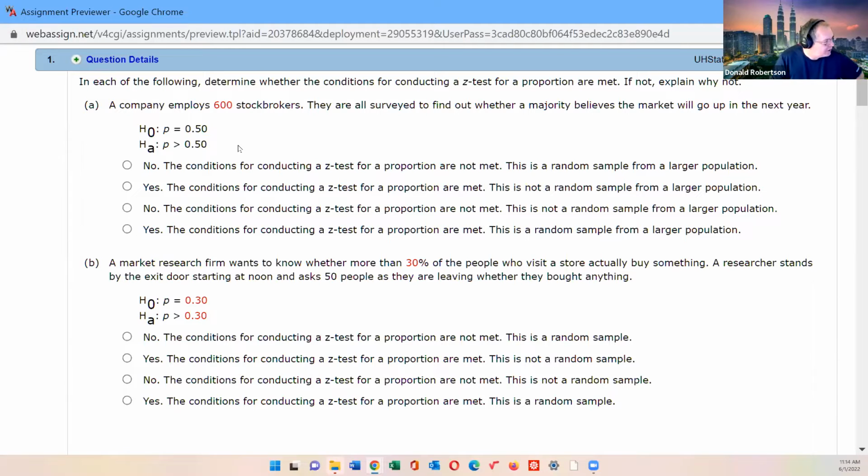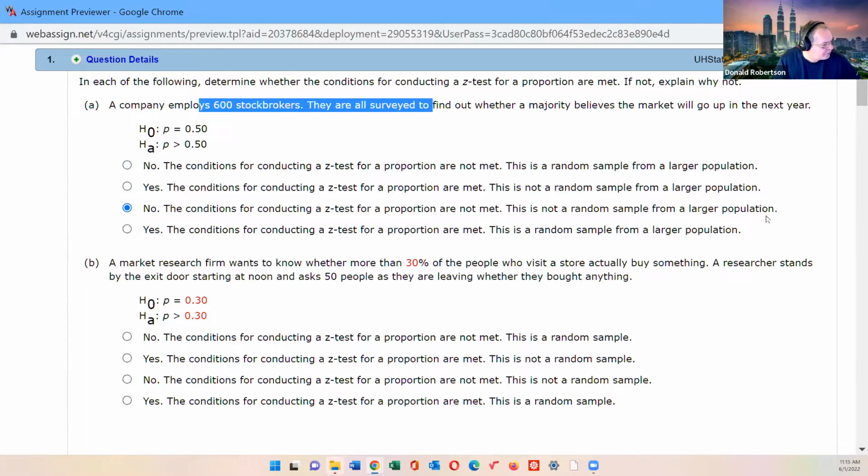But here's the question. They asked everybody. Should you be doing a hypothesis test when you ask everybody? No. It's not a random sample from a large population. I would have said this is a census, but well.